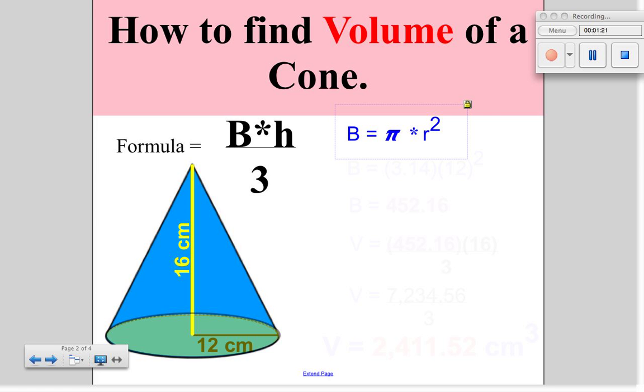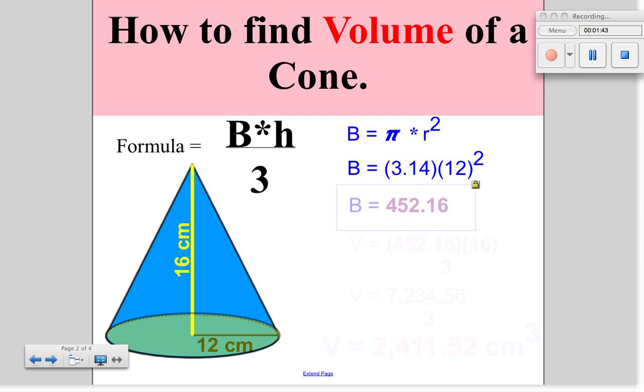Your area of a circle is pi times the radius squared. So the area of the base will be 3.14 times 12 squared.